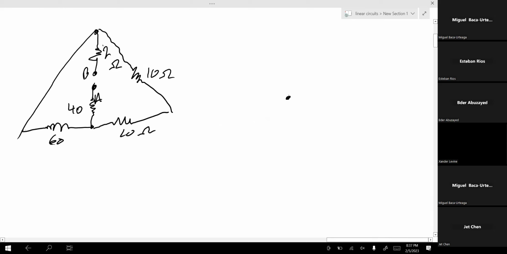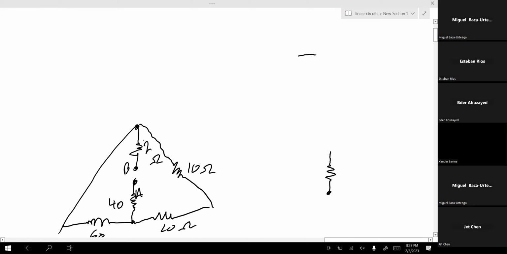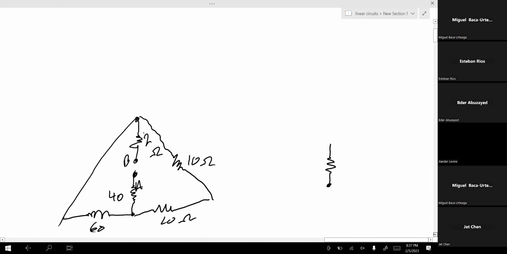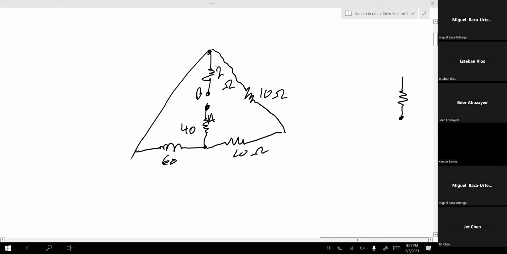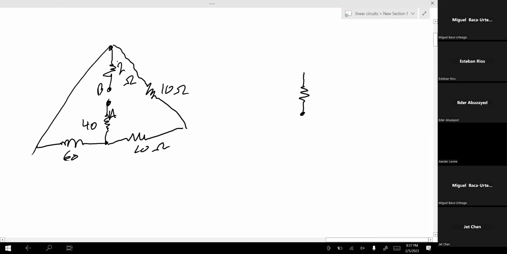Here's what I'm gonna do. I'm gonna kind of clean this up a little bit.